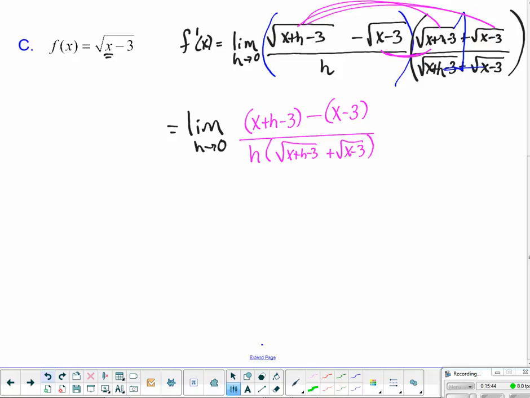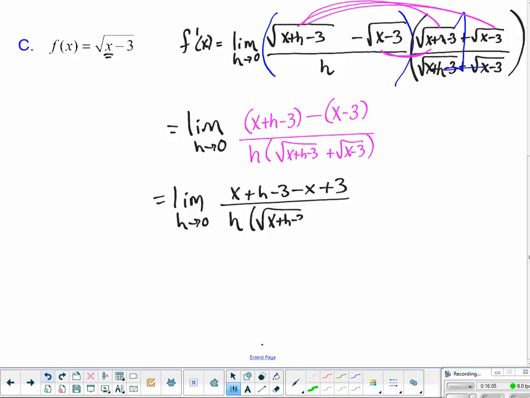Okay, take a look at that. How can we simplify? Well, we can do some simplifying, and that simplification is going to look like x plus h minus 3, and send the negative through. The bottom I would not want to send my h through, and you'll see why in just a moment. In the bottom I have a multiplication of two groups. Up on top, let's simplify.